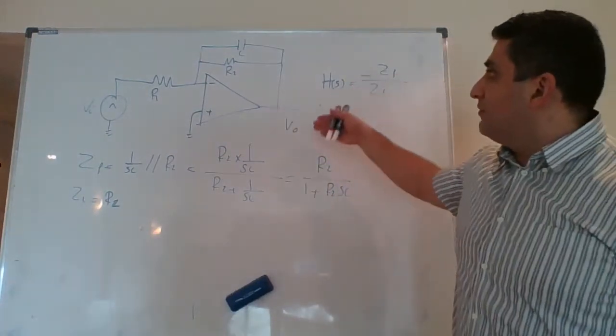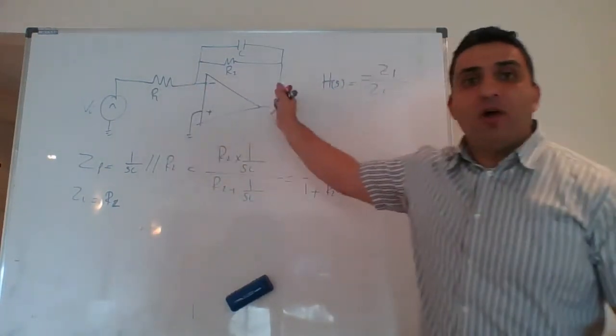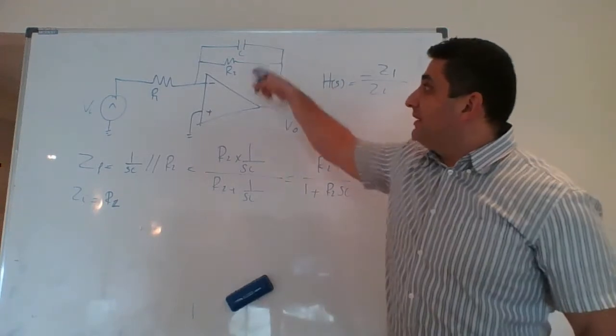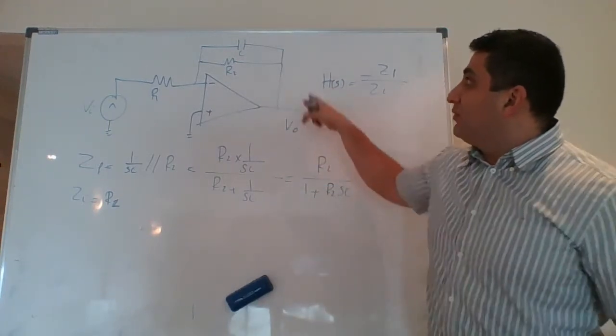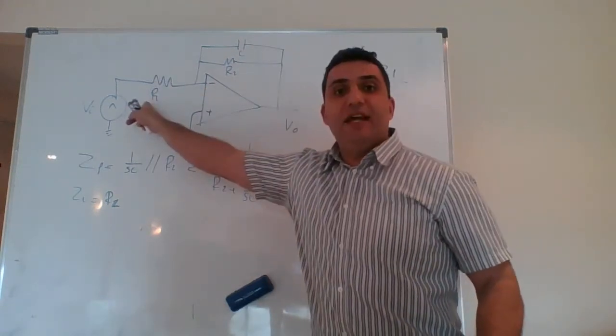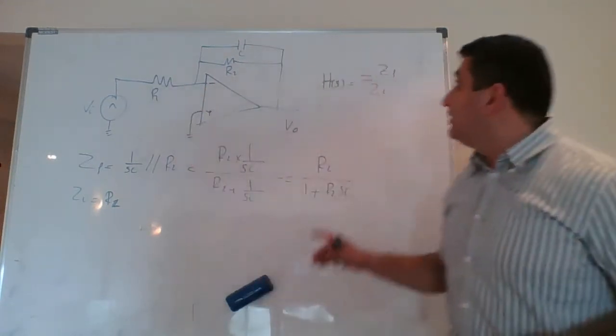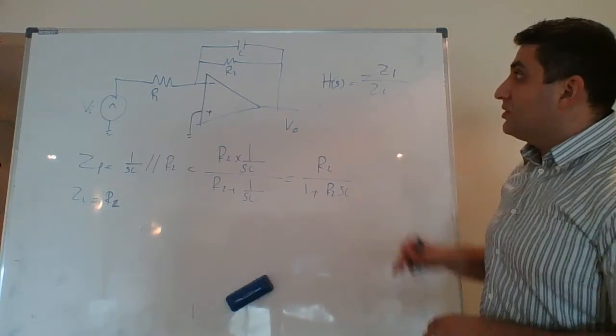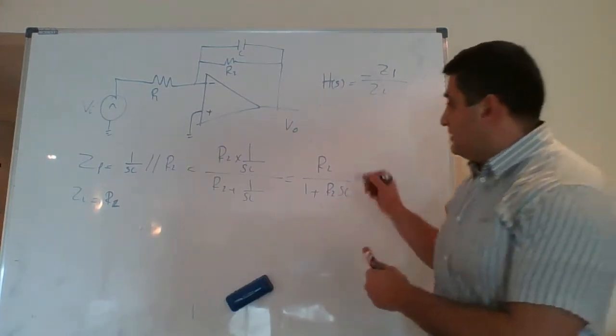H of S is equal to V output over V input. I know from the op-amp that the output voltage is related to the Z feedback and Z input. That's how I put it. So now let's analyze what H of S is.